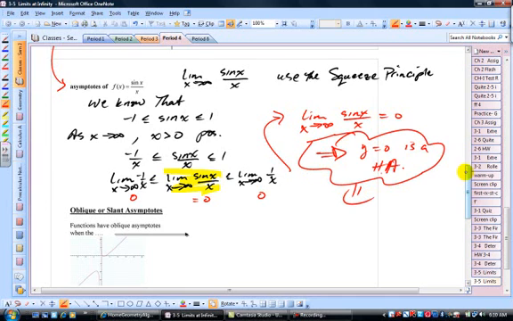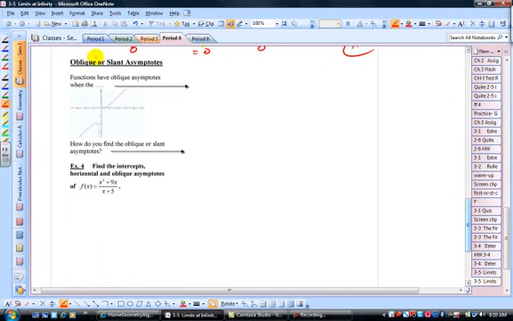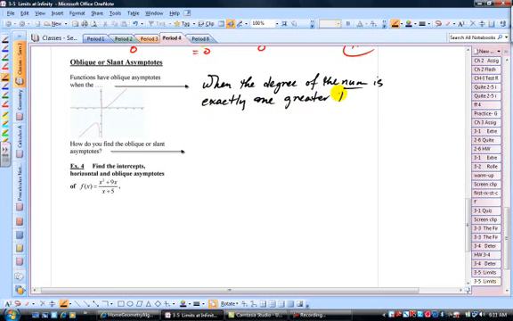Now functions also have what are called oblique asymptotes too. Oblique and slant mean the same thing. And that happens when the degree of the numerator is exactly 1 greater than the degree of the denominator.